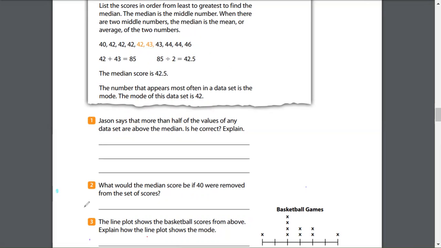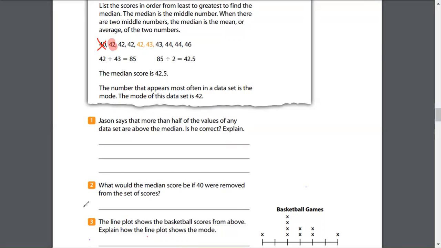So number 2, what would the median score be if 40 were removed from the set of scores? Now, that is a great one to remove because it's on the end. In order to find the median, what I sometimes like to do is cross them out or underline, or I can highlight.